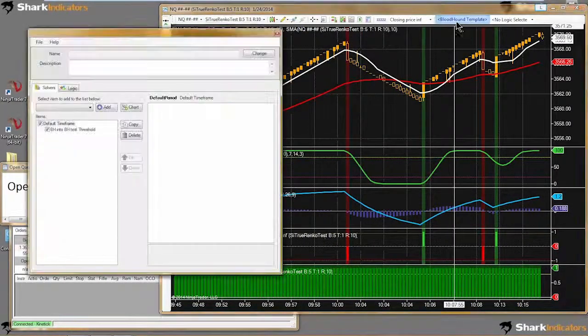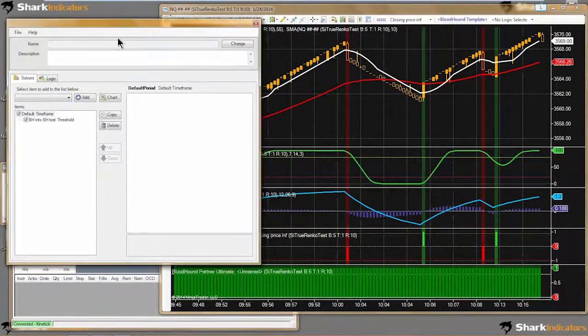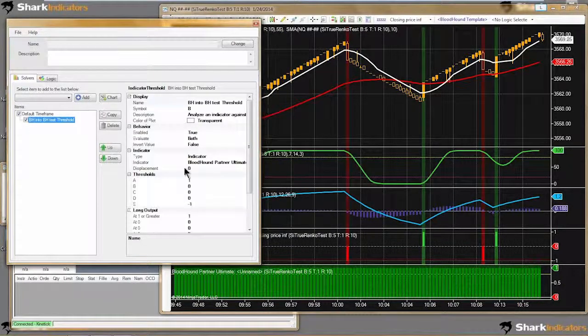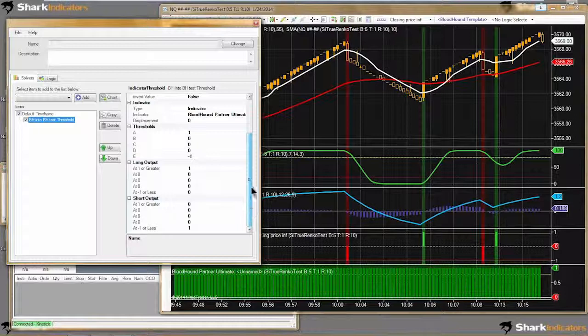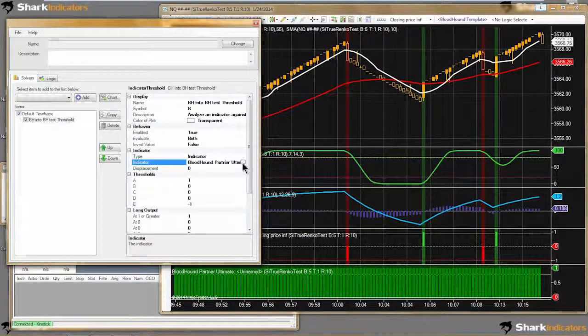Let me just double check, make sure I set things up correctly here. And I've got to say, I'm not too surprised that this doesn't work.